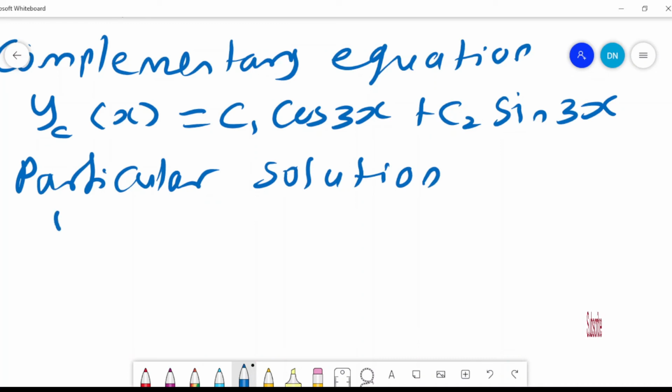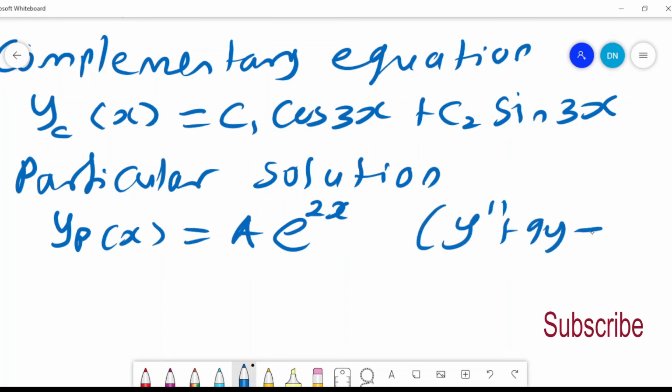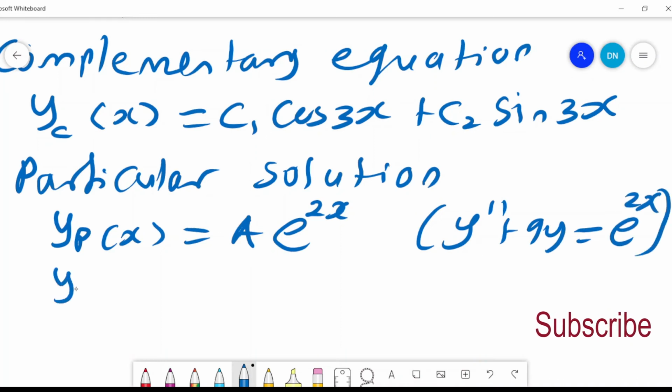Therefore, I'll call it yp, which depends on x. I'll give it a constant a, which is unknown, and then I'll write the non-homogeneous part. Because I have y double prime, remember my equation is y double prime plus 9y is equal to e raised to power 2x, I'll need to get the second derivative of yp.